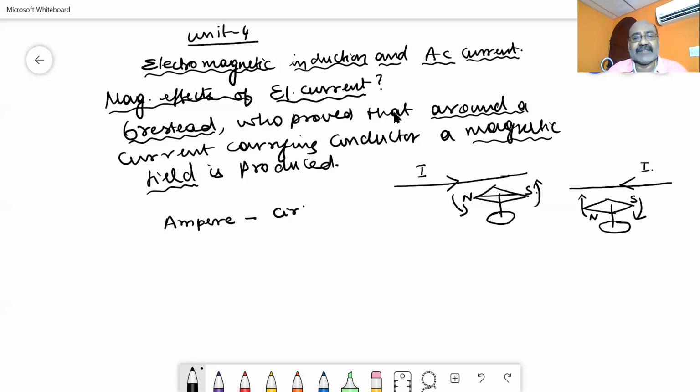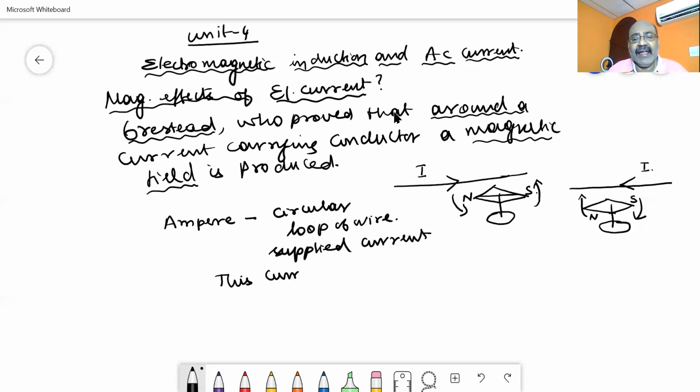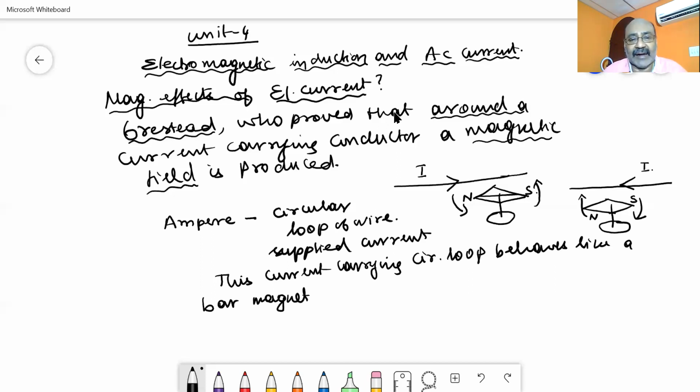He considered a circular loop of wire and supplied current through that loop. Ampere proved that this current carrying circular loop behaves like a bar magnet, having a north pole at one end and a south pole at the other end.